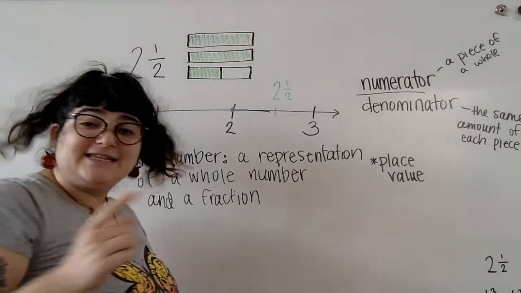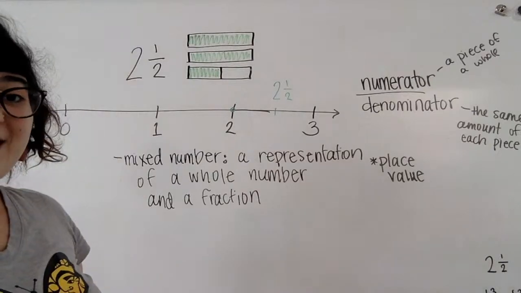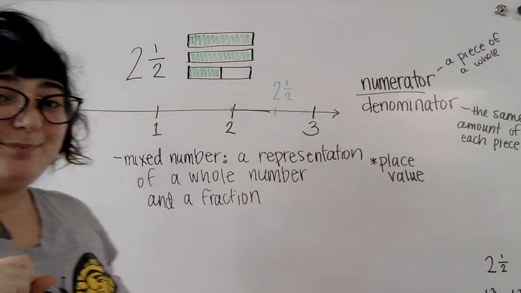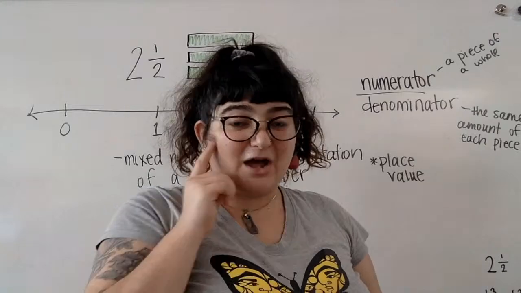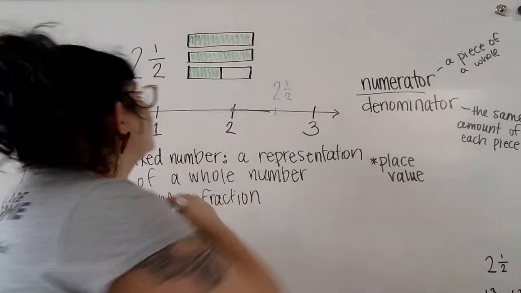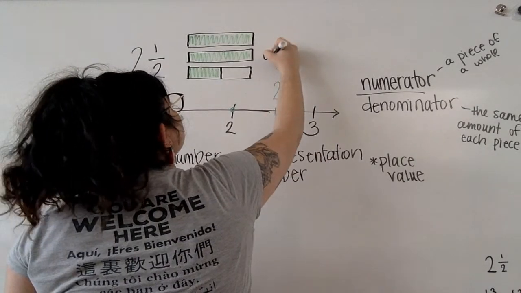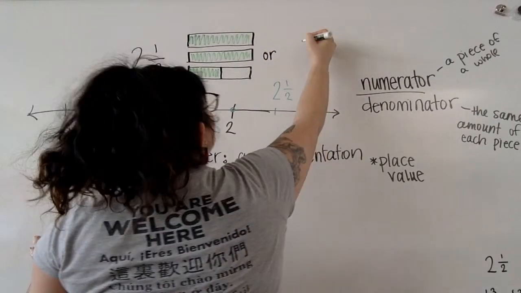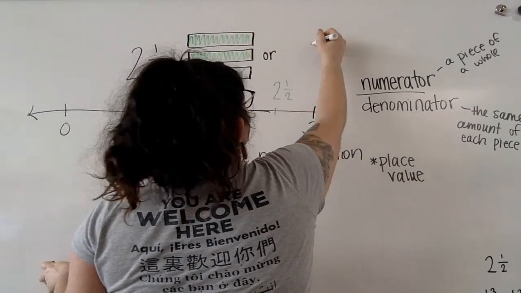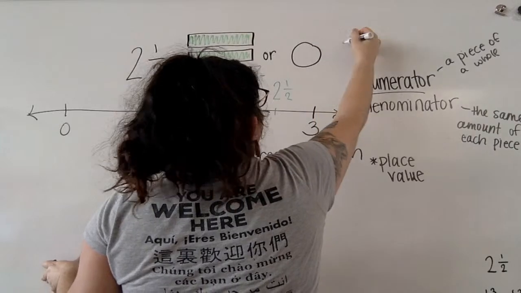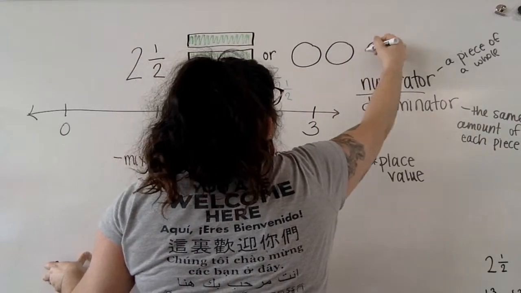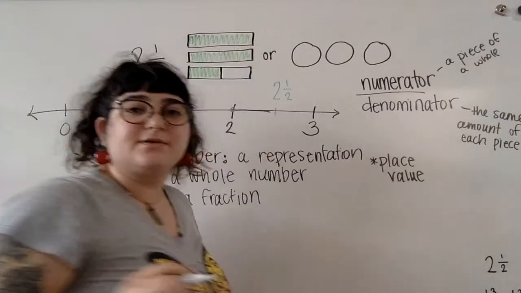Now, I haven't seen anyone respond in the chat about the last way, but I'm sure many of you have already thought about it. We can also represent this with our circles, okay, and the pies. And so similarly with our fraction strips, I am going to need to draw 3 circles.